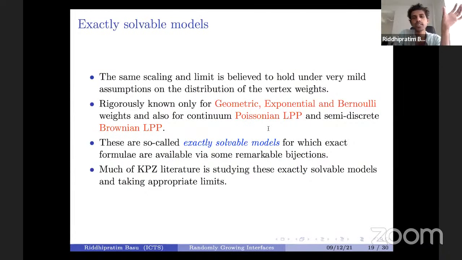In particular, you can consider this model in continuum called Poissonian last passage percolation, which is a variant of this longest increasing subsequence problem from combinatorics for a uniform random permutation.